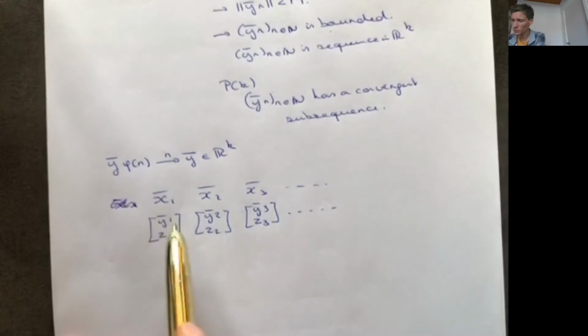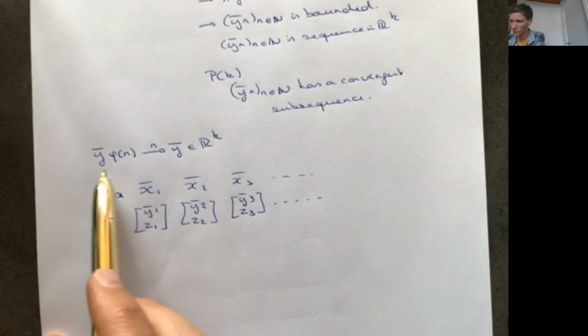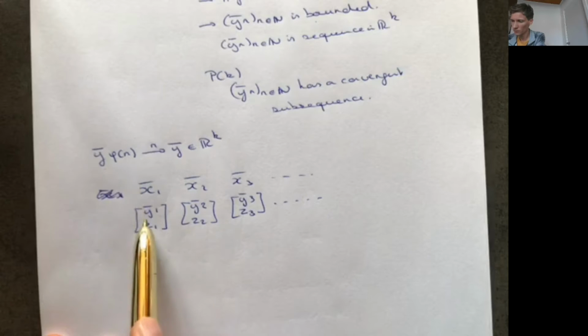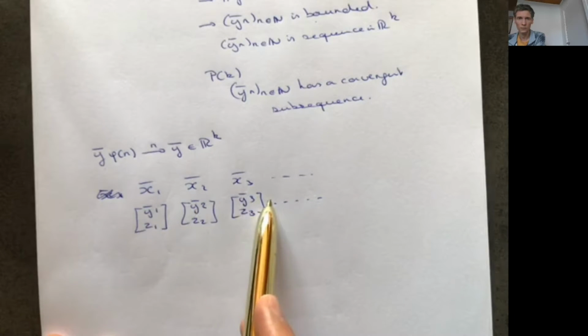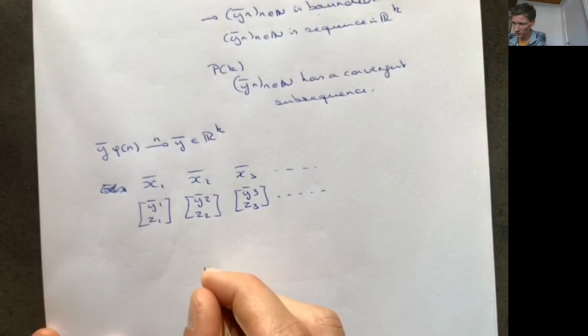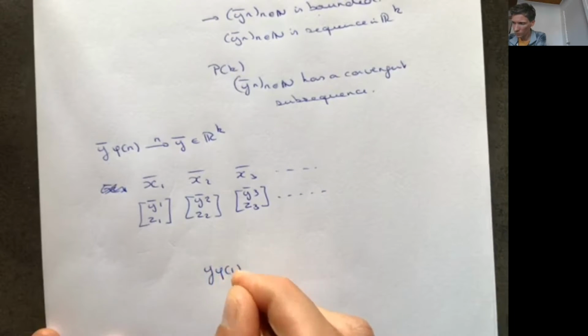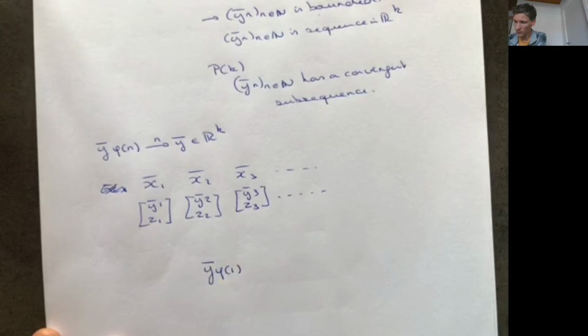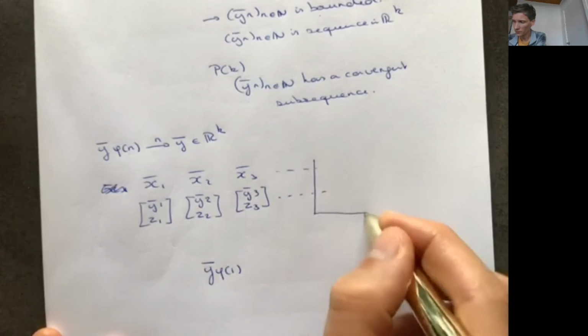So what are we going to do? We're going to look at where is y phi of 1. It could be the first element, the second element, or the third element, and so on. So we're going to look at the particular y phi 1. For example, this is the 10th element in this sequence.